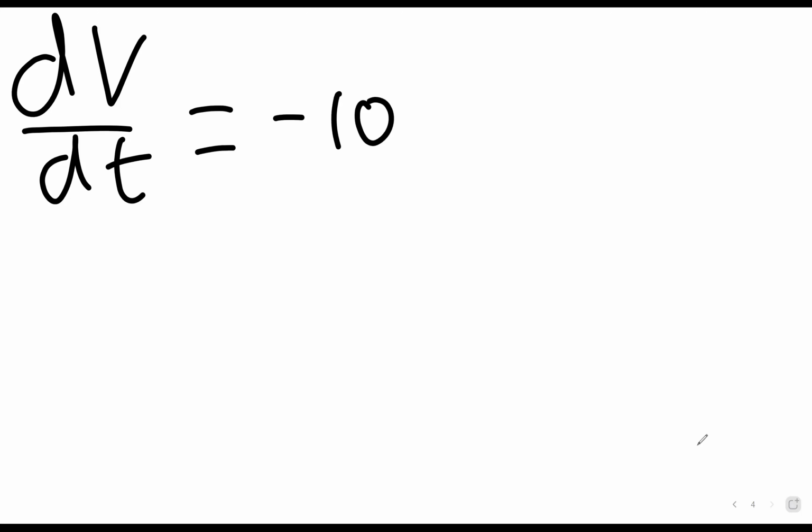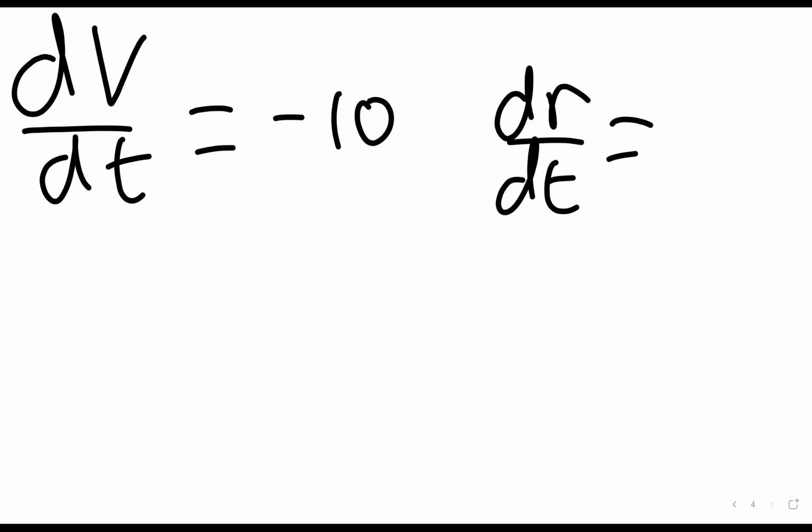Now this is the known information. Then we want to find exactly dr/dt, the rate at which the thickness of the ice layer decreases. So this is known, and the question is what is dr/dt? This is the unknown. All right.